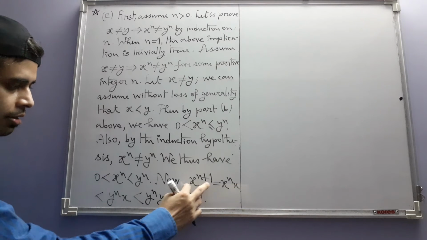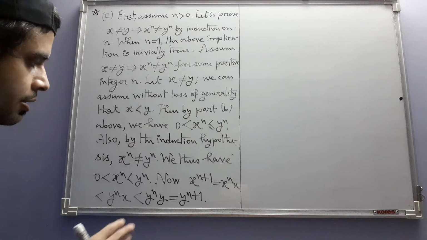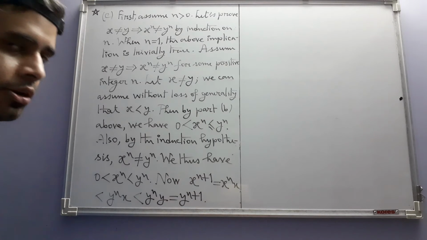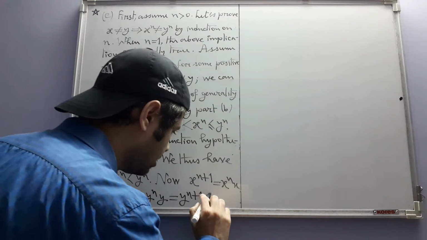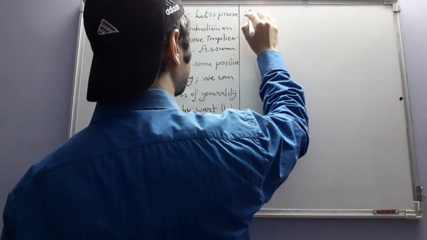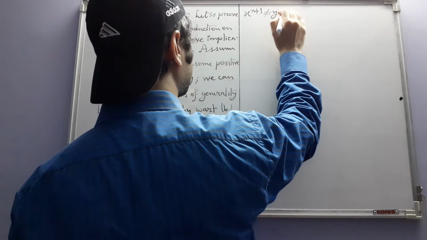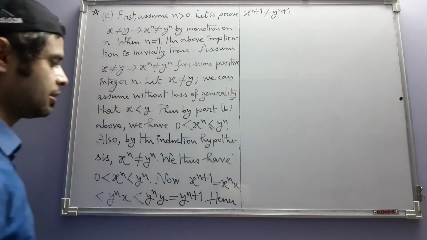So x to the power n plus 1 is strictly less than y to the power n plus 1. In particular, it means that these two are not equal. Hence, x to the power n plus 1 is not equal to y to the power n plus 1.